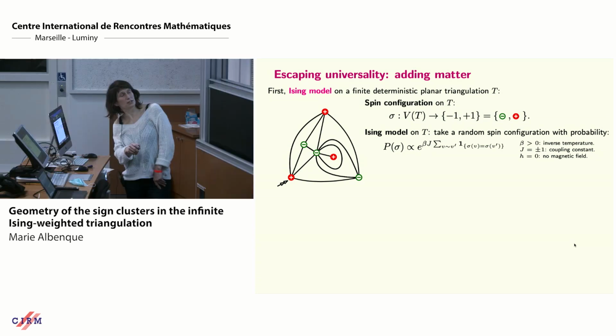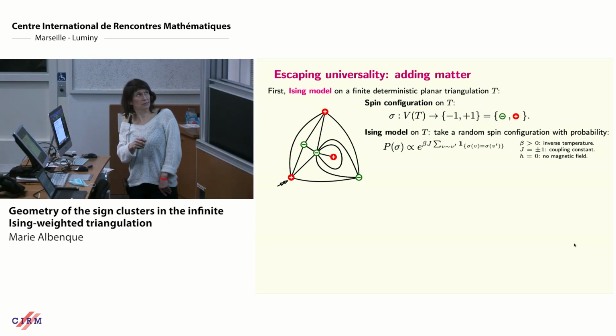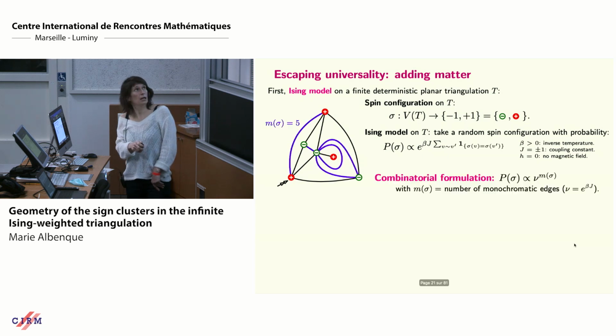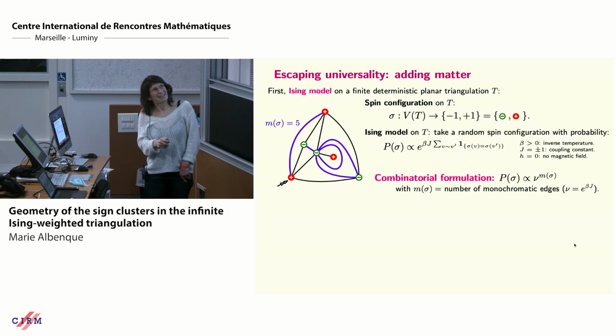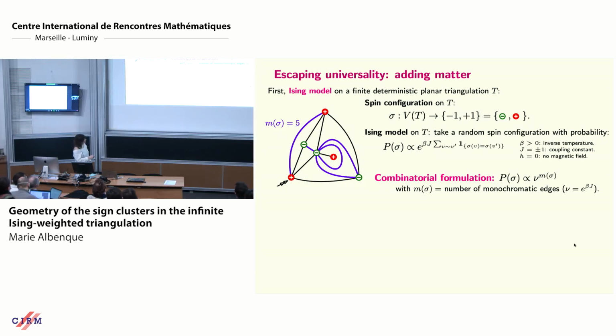This is the physical formulation, the way it's usually written in any book about the Ising model. But in our setting, it's completely equivalent to have a more combinatorial formulation: you fix a parameter nu, and you sample a spin configuration with a probability proportional to nu to the number of monochromatic edges.